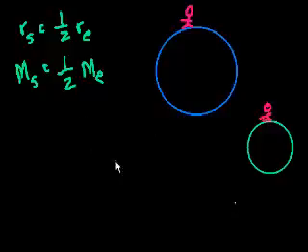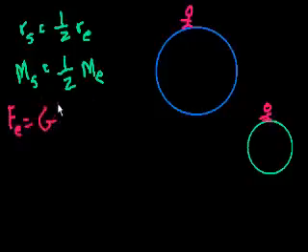So what is the pull on me on Earth? Well, my weight on Earth, the force on Earth, is going to be equal to the gravitational constant times my mass, m sub m, times the mass of Earth, divided by what?